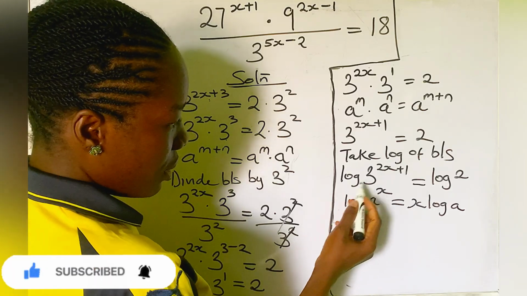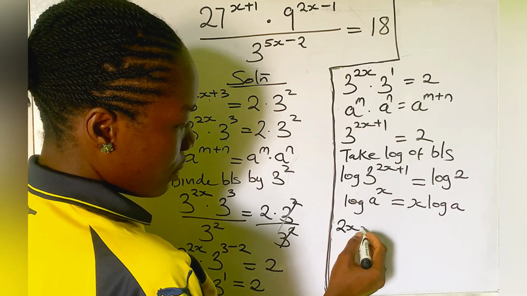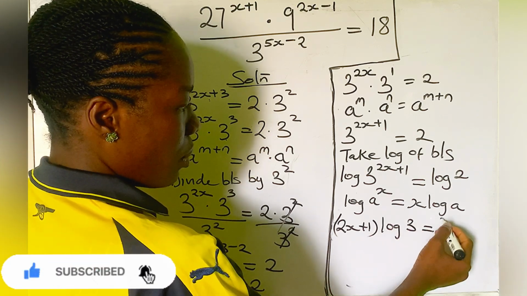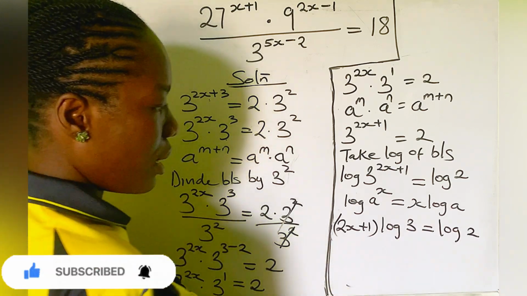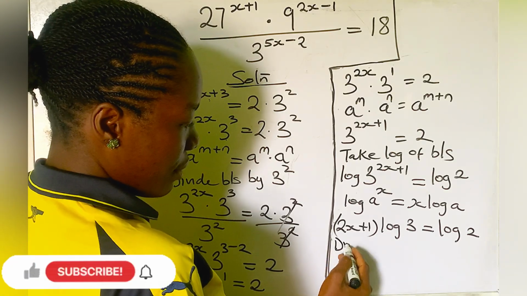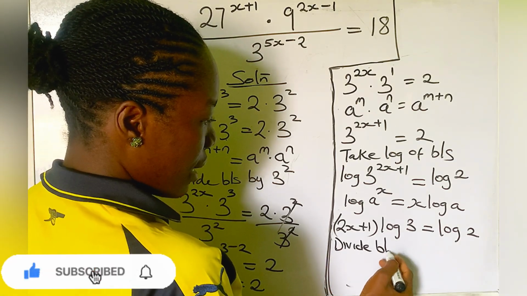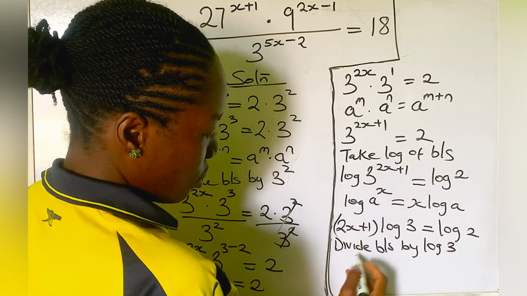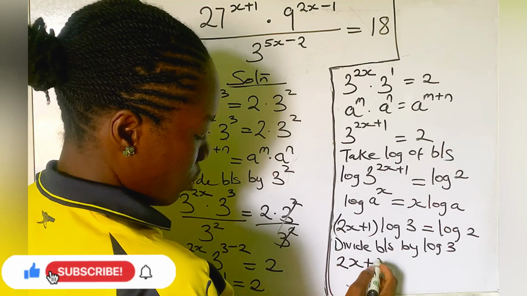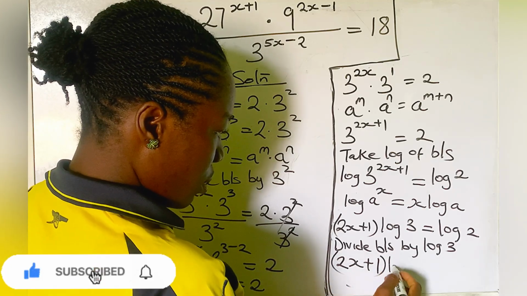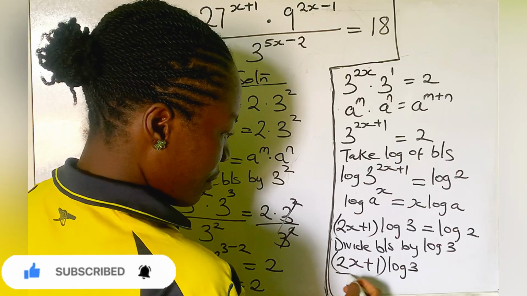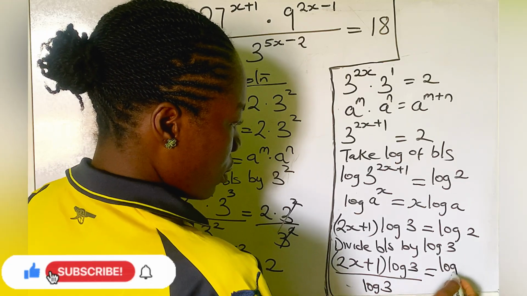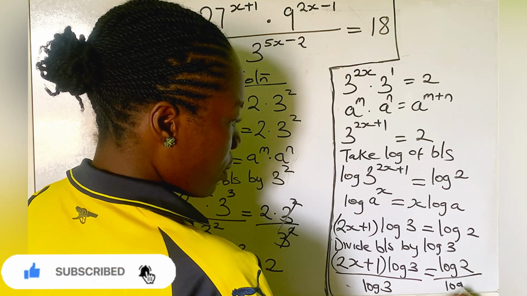Okay, so now we are going to say this will be 2x plus 1 times log 3 is equal to log 2. Now we're going to divide both sides by log 3. Yes? So you have 2x plus 1 times log 3 divided by log 3 is equal to log 2 over log 3.